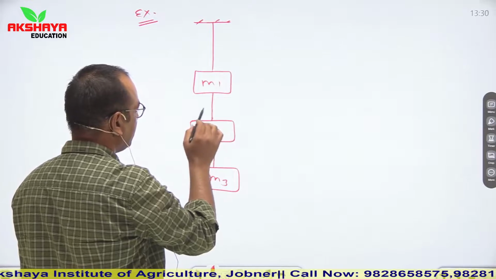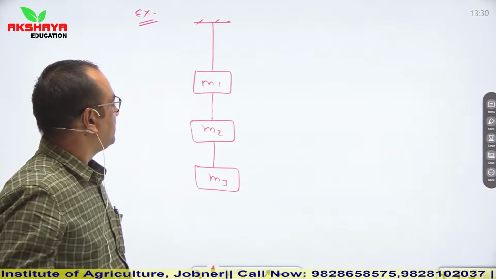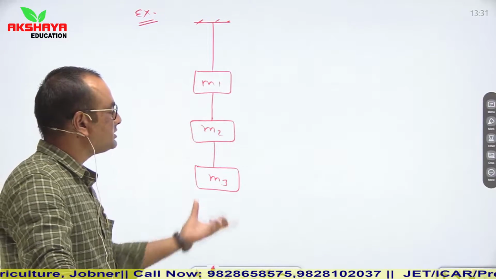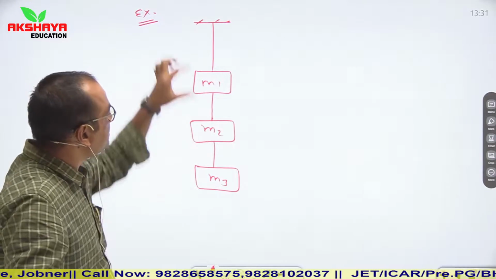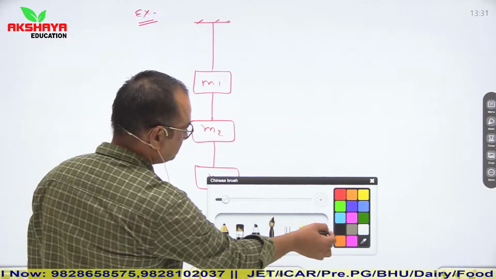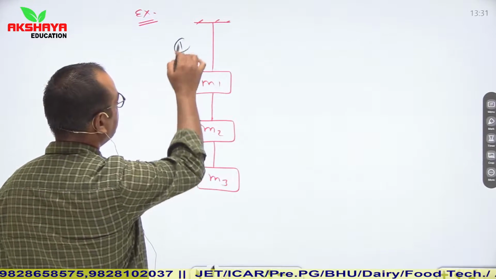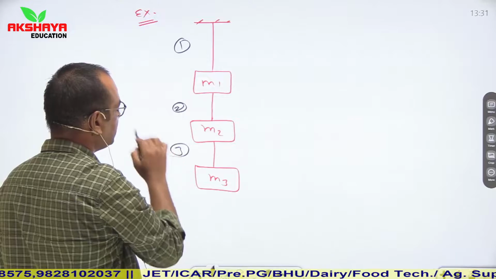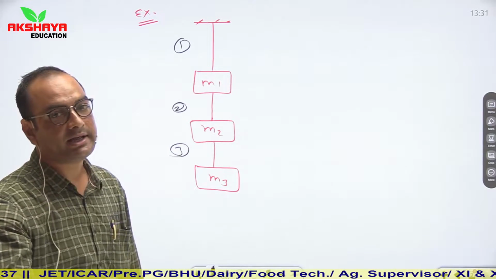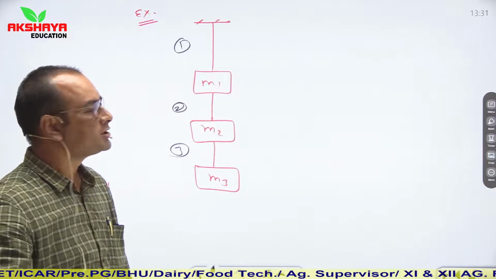So see, here there is no acceleration. Simply all these three objects are connected by three strings, 1, 2 and 3. So we have to calculate net tension.